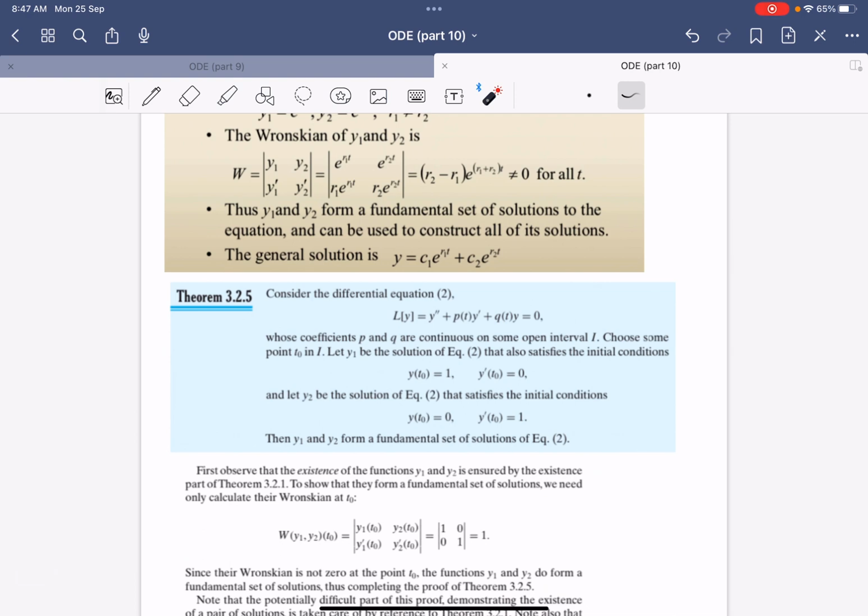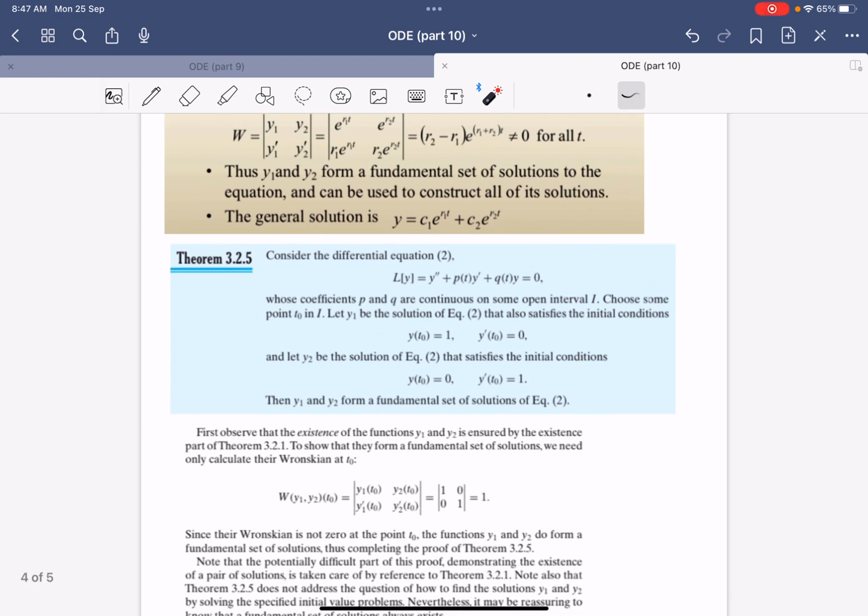And now we have another theorem, and this theorem states the following. We consider the differential equation of the form here, and we let y1 be a solution to equation 2, which also satisfies this initial condition, and y2 be another solution that satisfies this following initial condition.